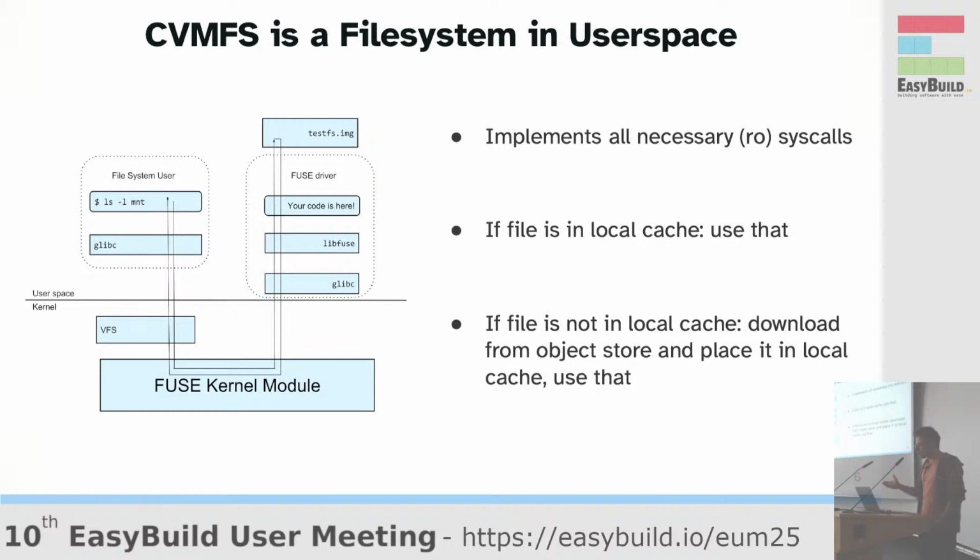If the file is not in the local cache, we download it from our object store, place it in the local cache and then use that. There is a lot of stuff that goes on to make sure that the metadata and all of the optimizations for this are there. You can see that there is always going to be some overhead from this redirection. That's a feature of fuse file systems, but it's a very effective way of dealing with this.